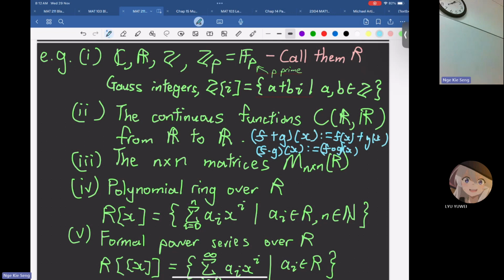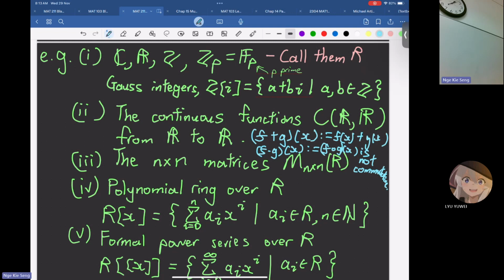Composition is not commutative. I remember last time Ziqian gave a counterexample to this, right? Give an example where composition is not commutative.